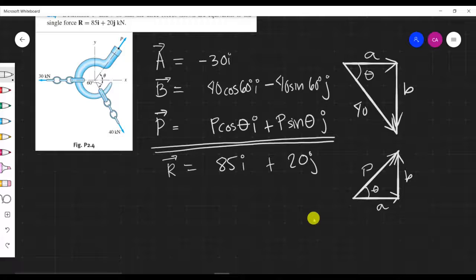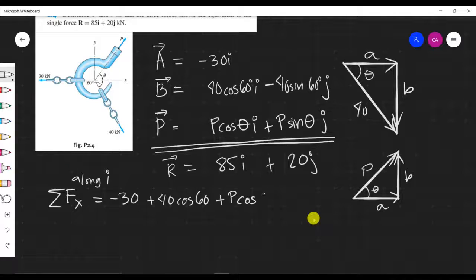Syempre, lahat ng i, pag-a-add natin sa magiging summation ng forces or X along X. Ibig sabihin niya, negative 30i. Lahat ng along axis i. So, 30 plus 40 cosine 60 plus P cosine theta. Okay?